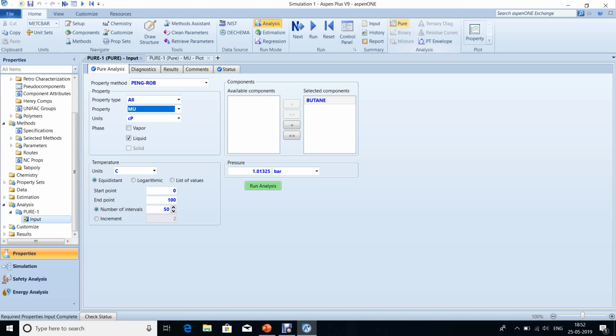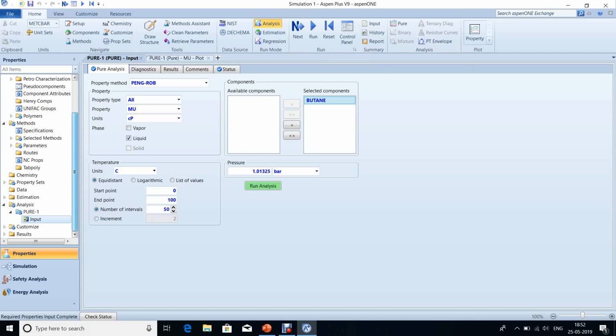We can see here that right now, since there is only one component, binary and the mixture, again these are the buttons provided, and the ternary diagrams, etc. So these are the buttons provided to see the mixture properties, right? They are not activated yet because only one component is there.